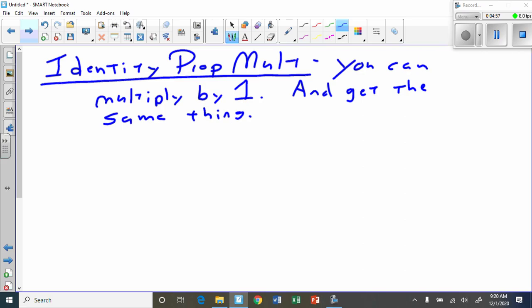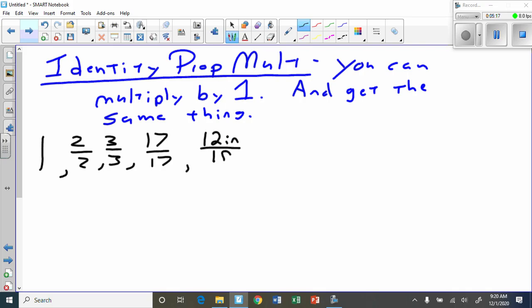So we know that 1 looks something like that. But we also know that 1 might look like 2 over 2, or 3 over 3, or 17 over 17. Do you agree with that? But then as Caden shared with us, 12 inches over 1 foot is also 1.